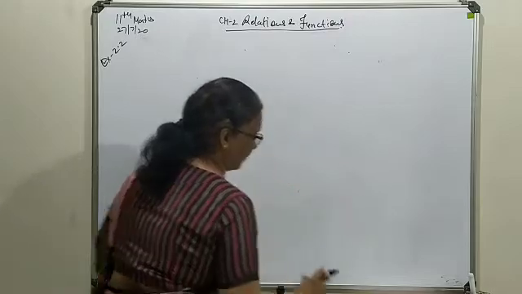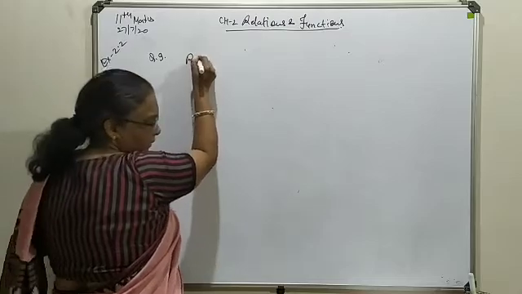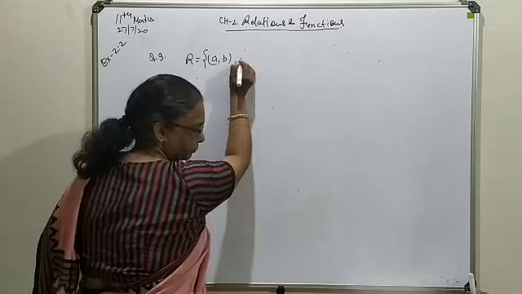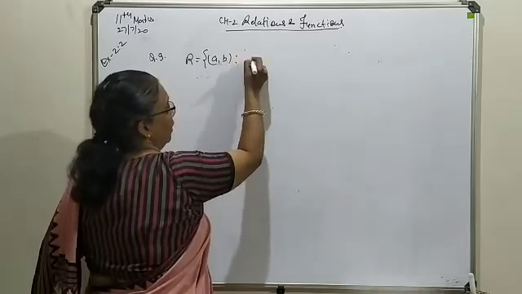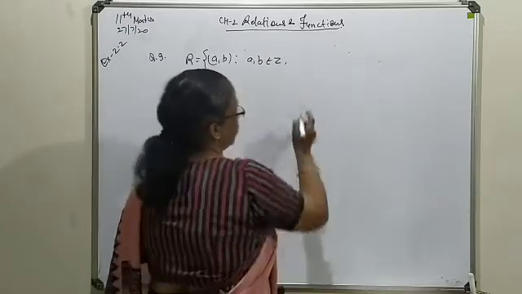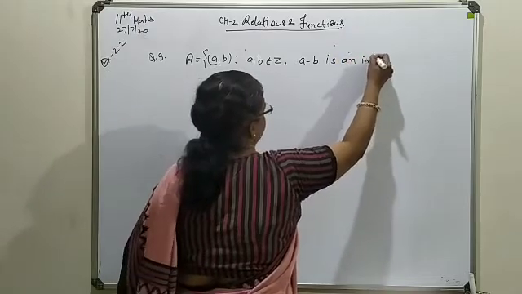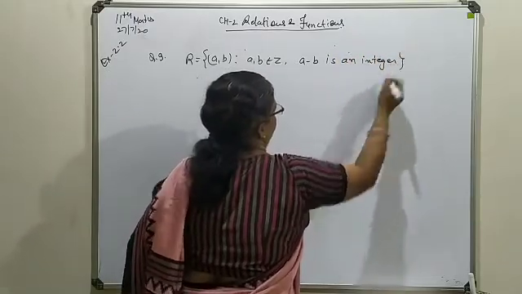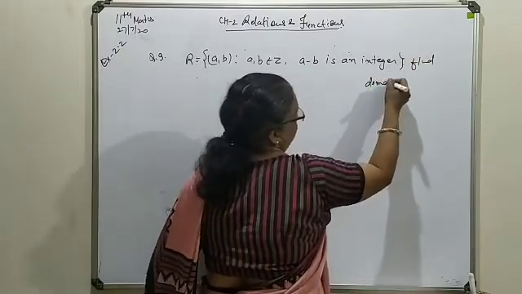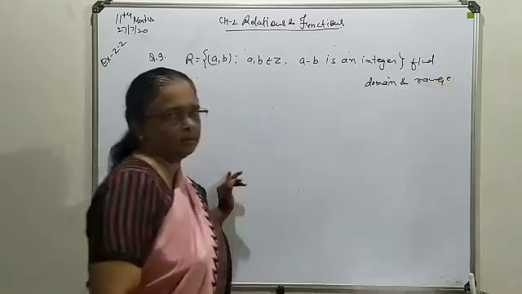As per the question, your R is given where A and B both are taken from Z and your relation is A minus B is an integer. Then find the domain and range for the given relationship.